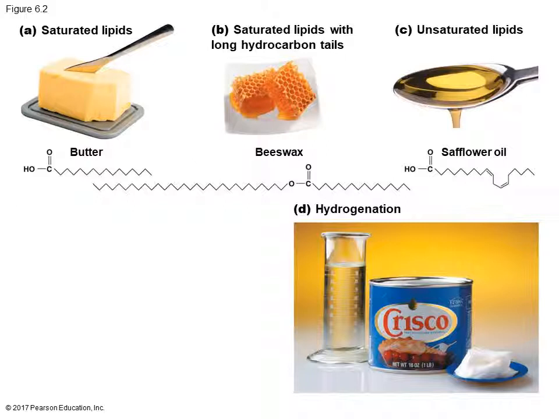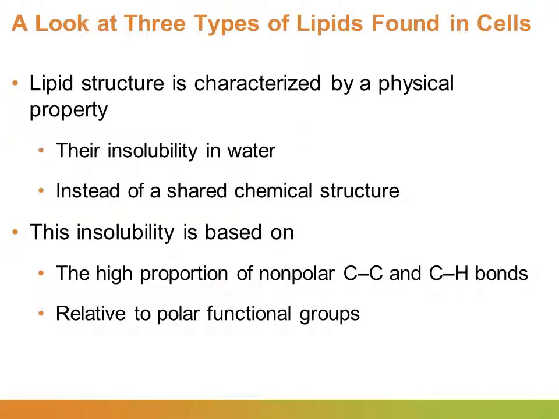That means that in the lab there's been pressure to actually add hydrogen to the oil to make it a solid. This is very unnatural, and so you should avoid using unnatural fats at all costs. It's better to use natural fats than something that is unnatural.